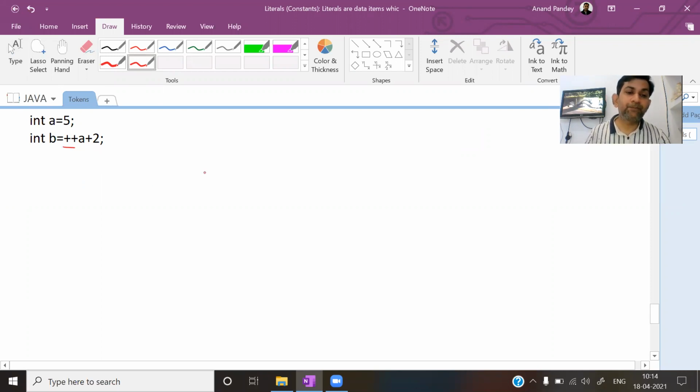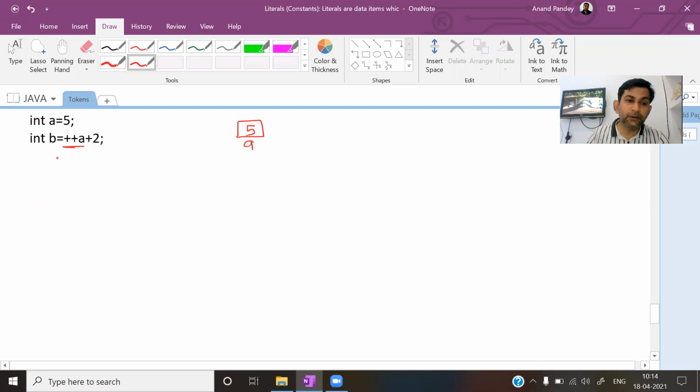Please listen carefully. You can see the initial value of a is what? 5. Okay, and here I'm using plus plus, prefix increment operator. So what will happen? The value of a, 5, will increase first. पहले a की value बढ़ेगी.